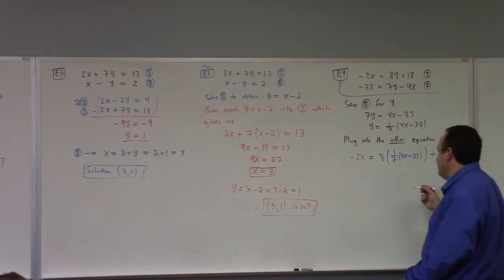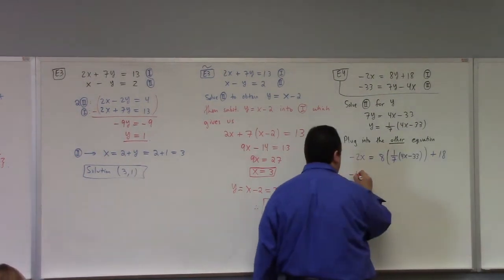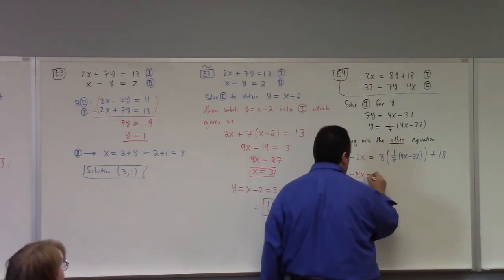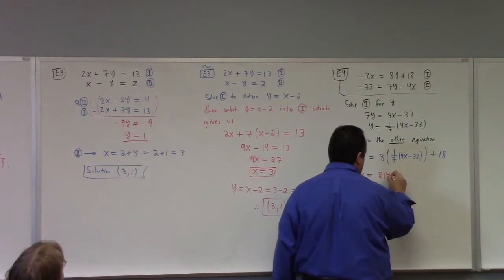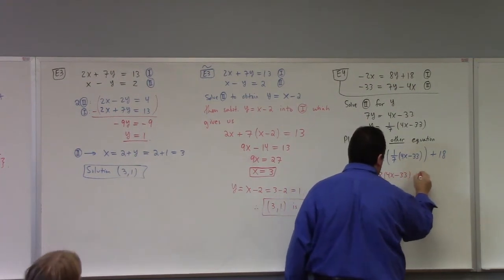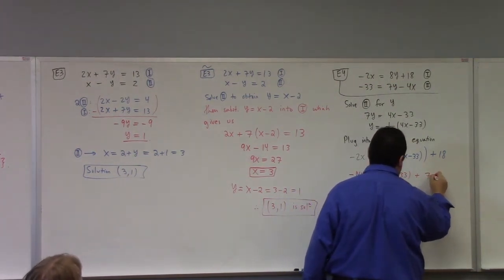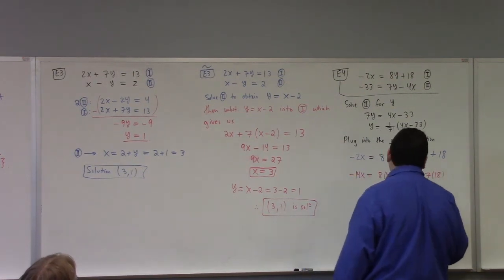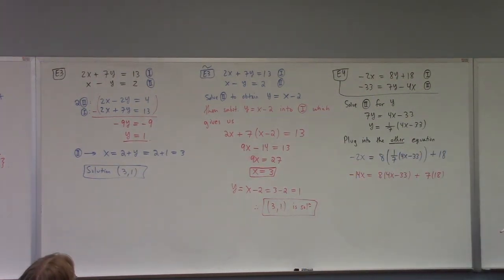So multiplying by 7, I get minus 14x is equal to 8 times 4x minus 33 plus 7 times 18, whatever that is. Well, it's 70 plus 56, so it's 126, I suppose.